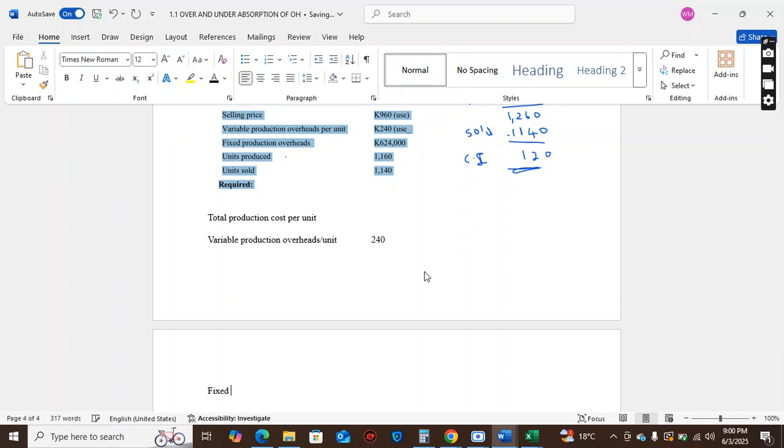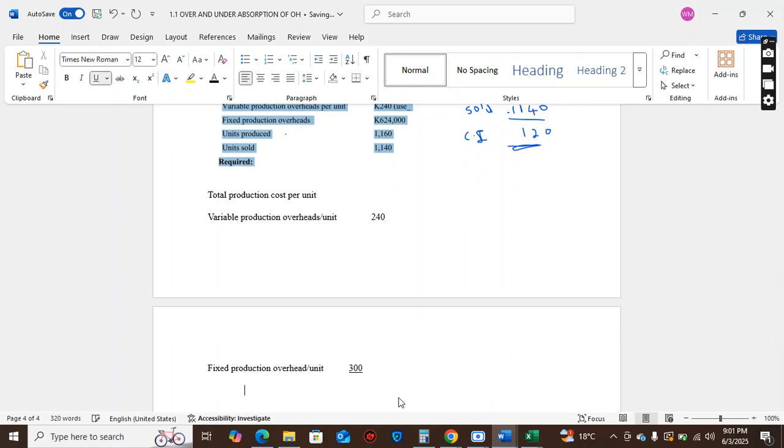Now fixed production overhead per unit is 300. We're using the one which we already have. So 240 plus 300, 540 kwacha. That's how much it costs to produce 1 unit.